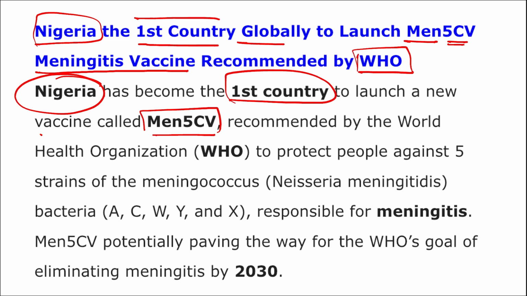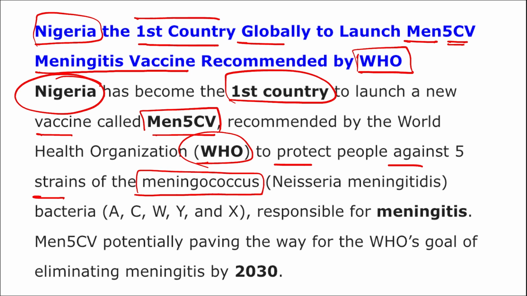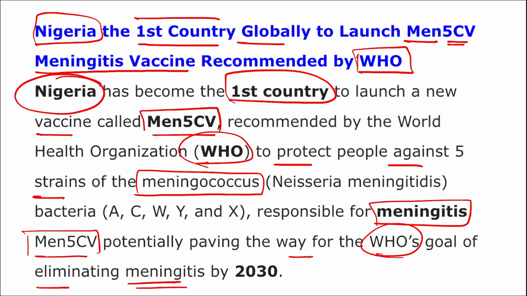It is the first country to launch this new vaccine, recommended by WHO to protect people against 5 strains of meningococcus. This is a variant of meningitis only, right? And that causes the meningitis disease. And here Men5CV is potentially paving the way for WHO's goal of eliminating meningitis by 2030.